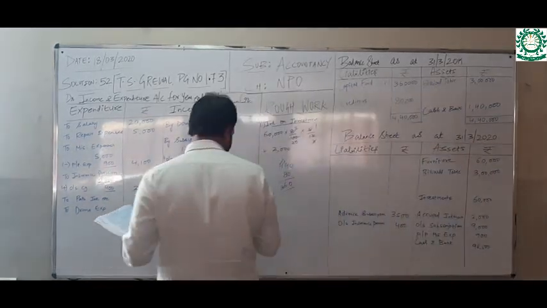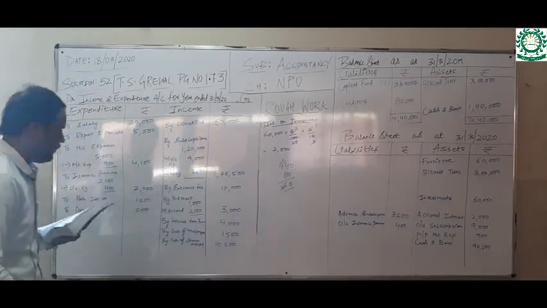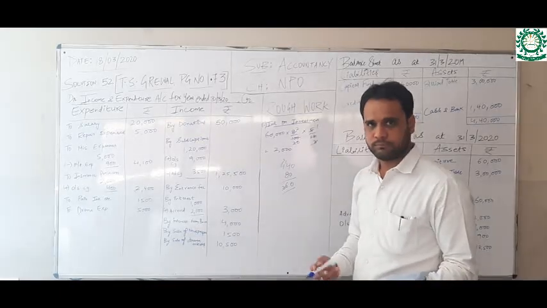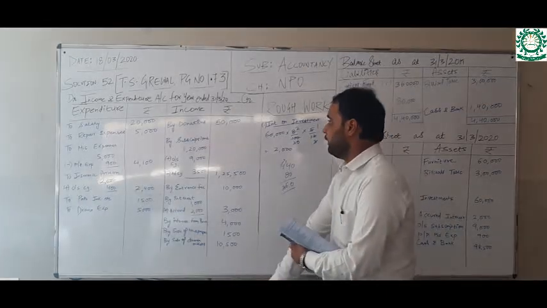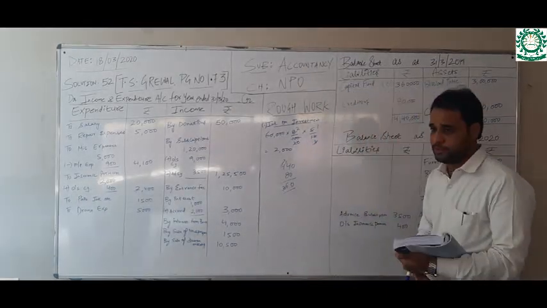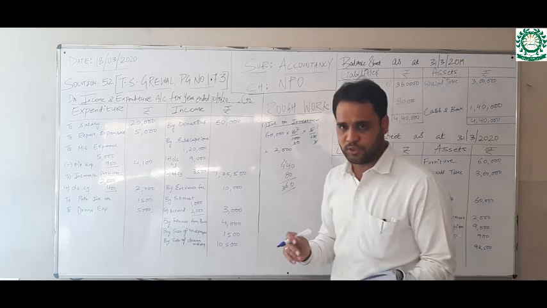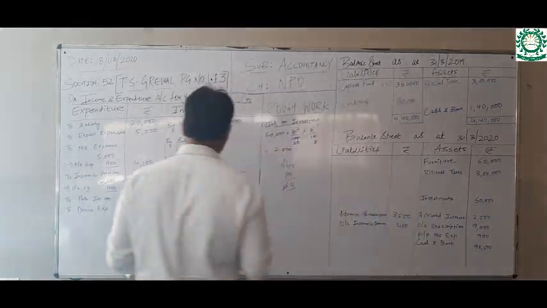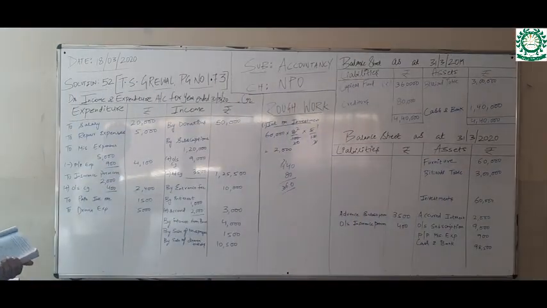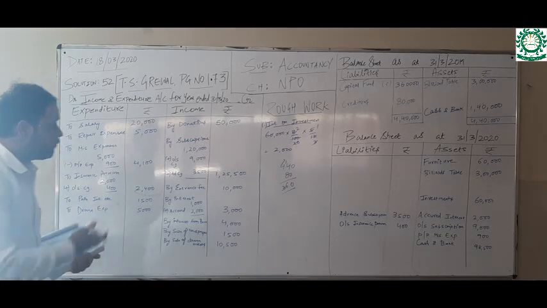Let us see whether we have surplus or deficit. Okay, so let us find whether the income expenditure shows deficit or surplus. By observing, we do observe the incomes are more than the expenses. So let us go for the totaling of the income side.